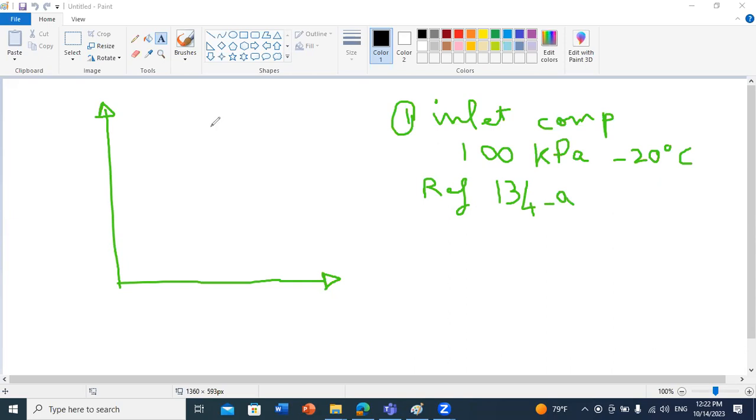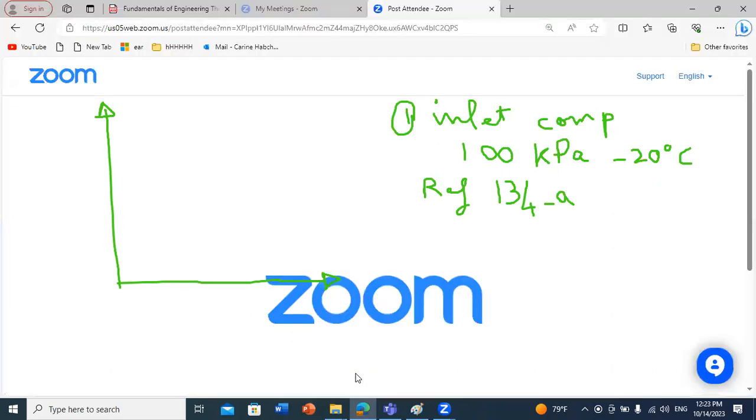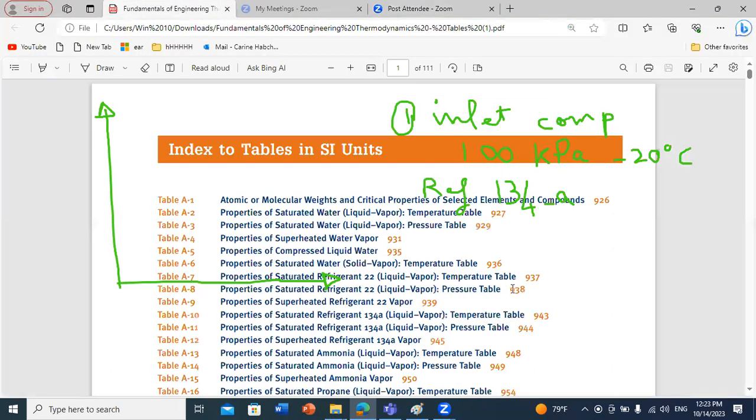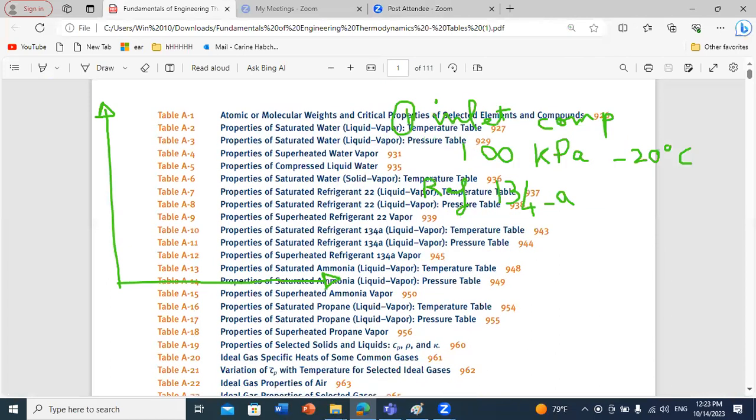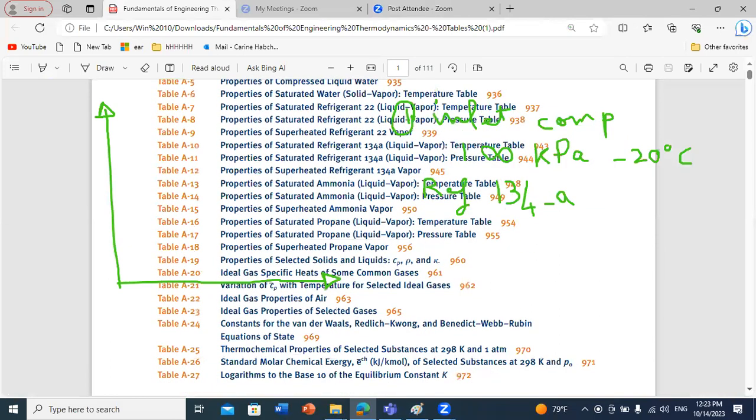For example, here we have an appendix telling us that for 134a, we have the saturated tables, temperature entry, pressure entry, and we have the superheated refrigerant.